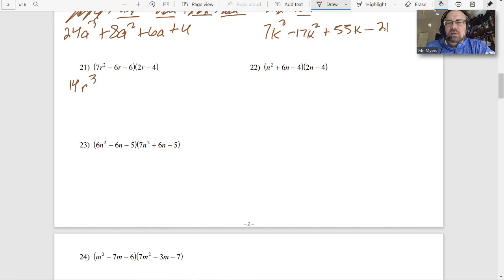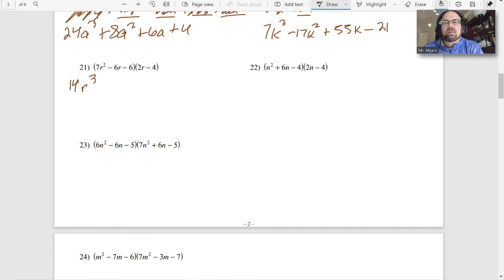So the first one is just the first times the first. All right. Then remember, there's going to be 2 square terms. 7r squared minus 4, so that's minus 28. So you need to hold that in your working memory. Minus 28 for the r squared. And then there's going to be another r squared. So minus 28 and then a minus 12.